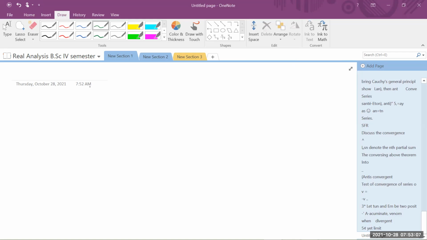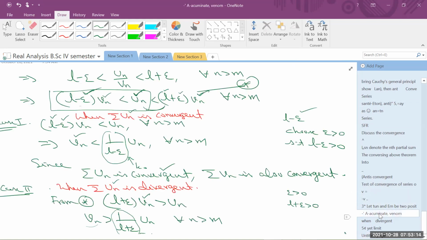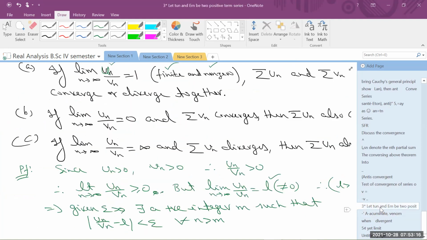So now let us do some examples based on this one. As per result second, if you recall the result second, this first result of the third one, that if two series are given to us, and let us take the limit of their nth term, and if it is finite and non-zero, then the nature of both series will be same.